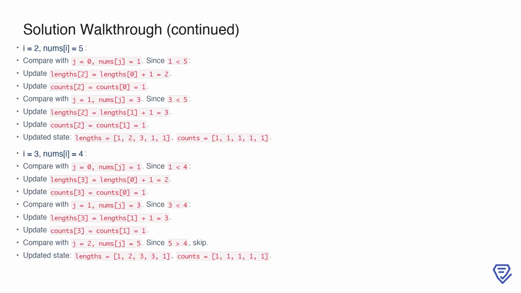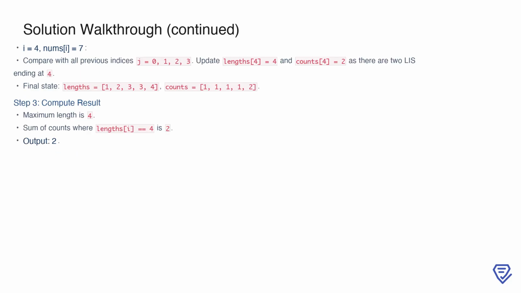Comparing with j equals 1 where nums[j] equals 3, since 3 < 4, we update lengths[3] to lengths[1] plus 1, which is 3, and set counts[3] to counts[1], which remains 1. Finally, with j equals 2 where nums[j] equals 5, since 5 > 4, no update is made. The state becomes lengths equals [1, 2, 3, 3, 1], and counts equals [1, 1, 1, 1, 1].